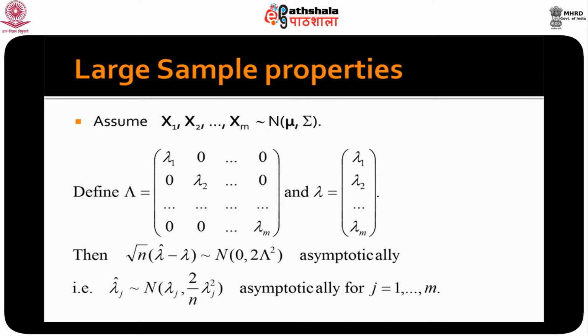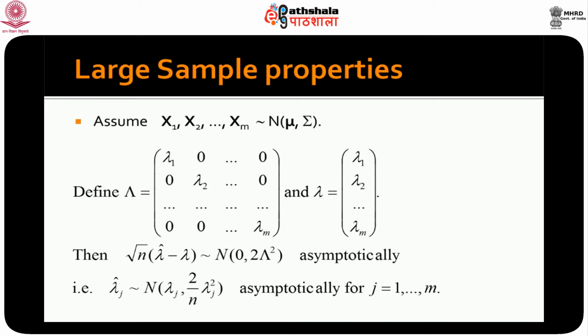So it's diag lambda 1 to lambda m. Again, lambda is a vector which is composed of these same eigenvalues lambda 1 to lambda m. So the distinction only is that capital lambda is a matrix where the eigenvalues are on the diagonals, and the other lambda basically is a vector with the same eigenvalues.